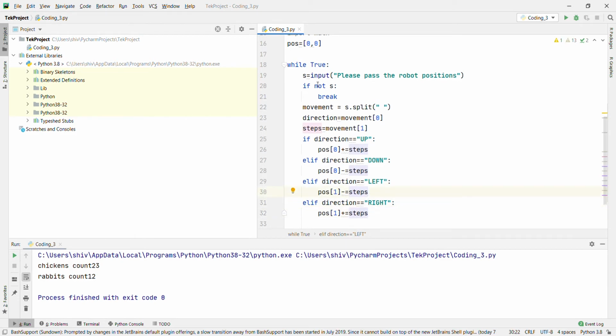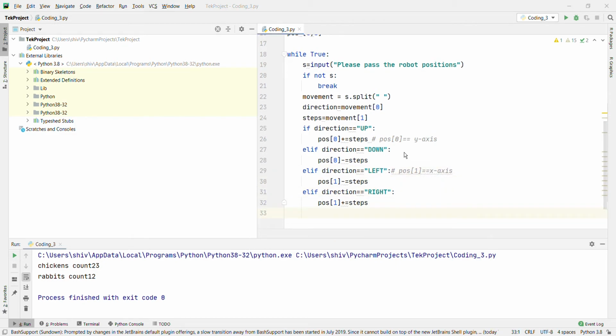Position 0 is nothing but your y axis, and position 1 is the x axis. Now this is the step we added.